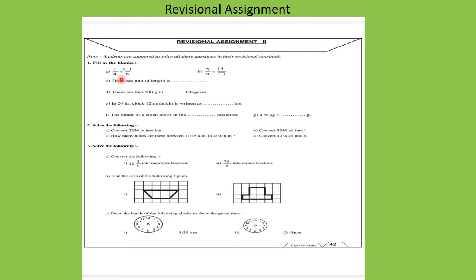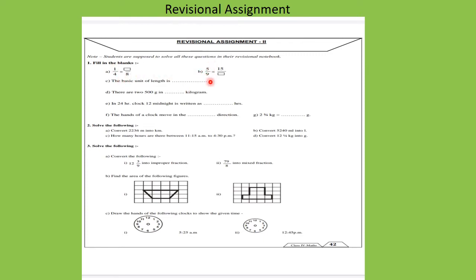So if 4 was multiplied by 2, then 1 must also be multiplied by 2. Always multiply by the same number in the numerator and the denominator. Now we will see question B.